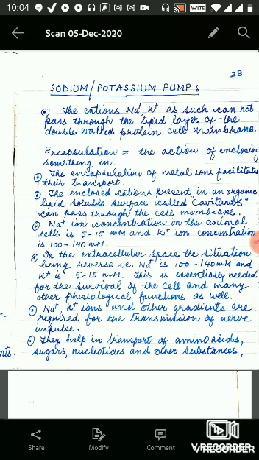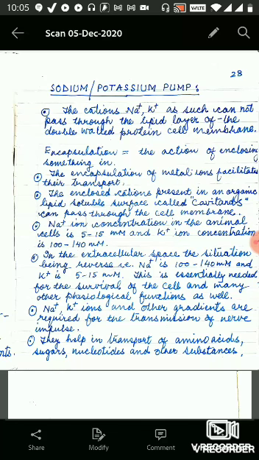Sodium ion concentration in the animal cell is 5 to 15 millimoles and potassium ion concentration is 100 to 140 millimoles. In the extracellular space, the situation is reversed, that is, sodium is 100 to 140 millimoles and potassium is 5 to 15 millimoles.